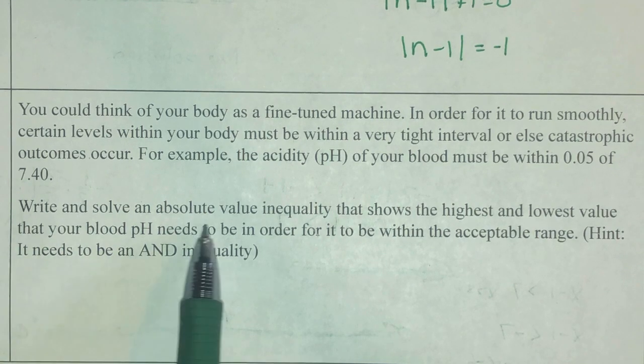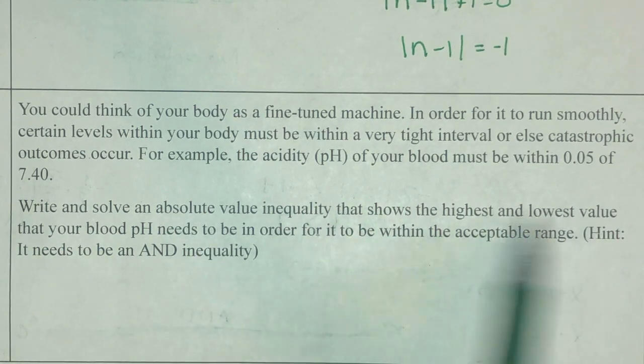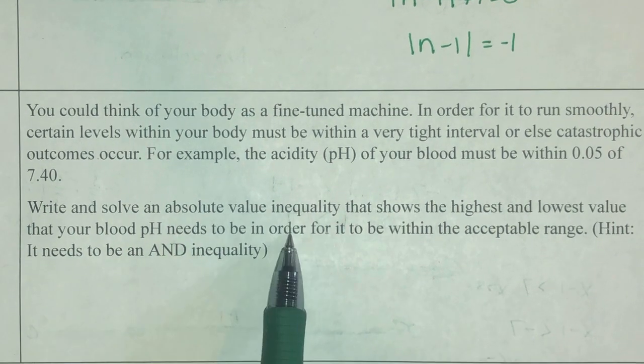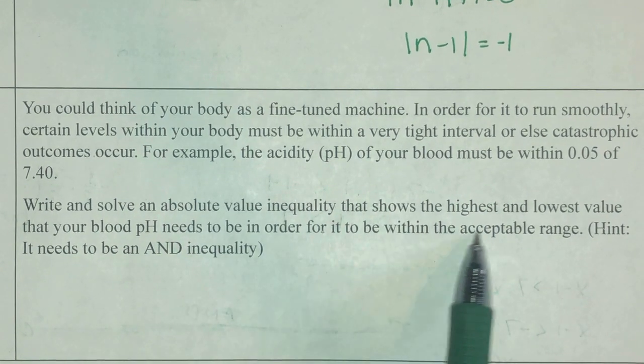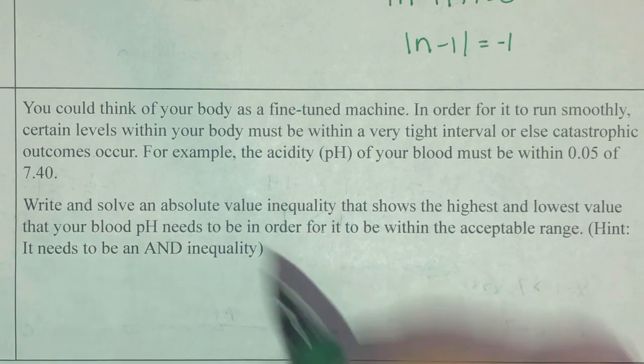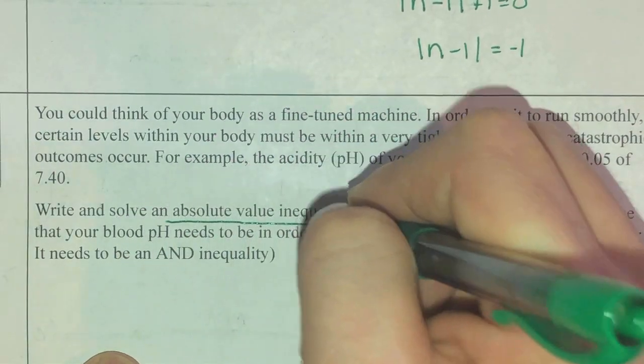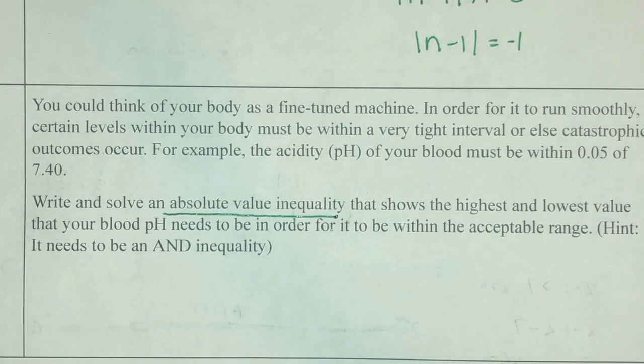So we're going to write and solve an absolute value inequality that shows the highest and lowest value that your blood pH needs to be in order for it to be within the acceptable range. Notice, and again, I encourage you to check out my recent video on this. I tell you what I want you to write. So we start, step 1. Go back to look at the situation and ask ourselves, what are the acceptable levels in context?